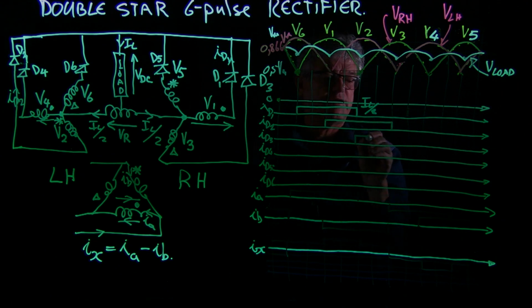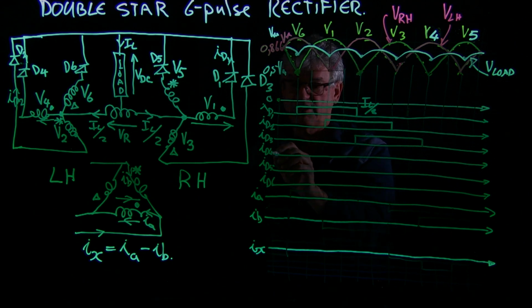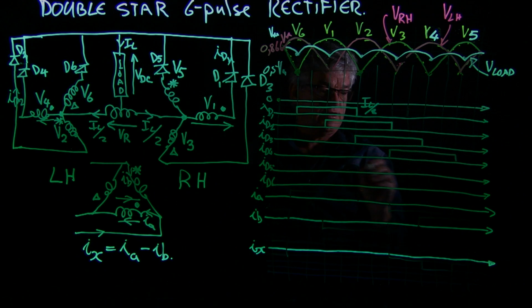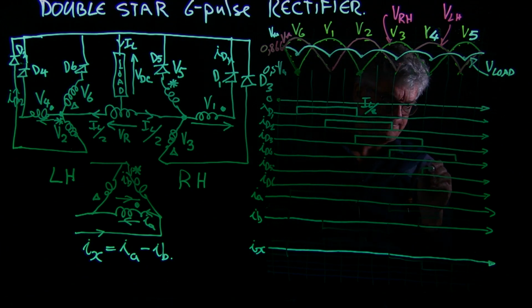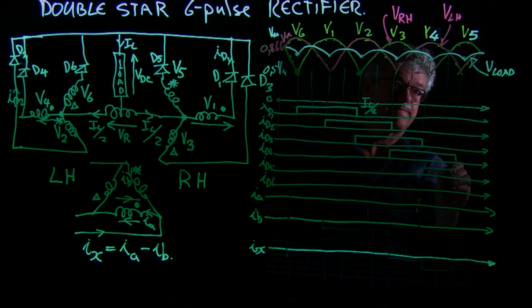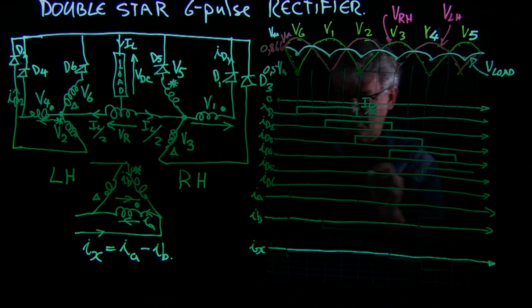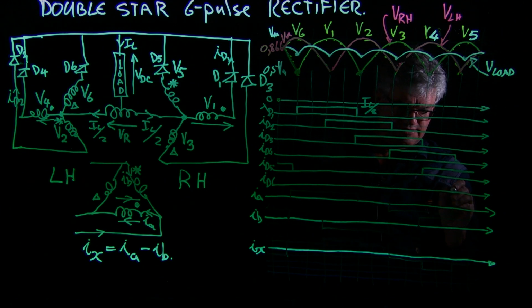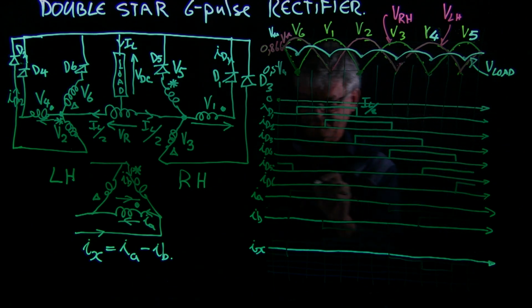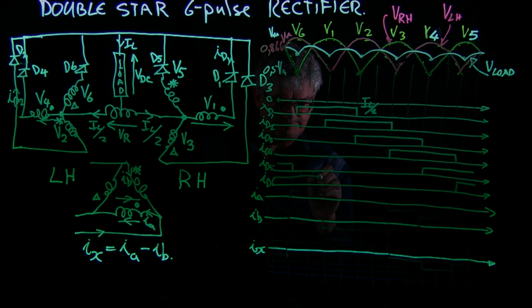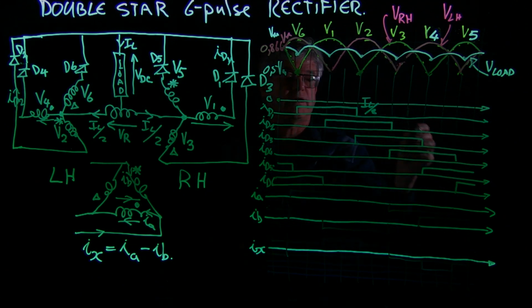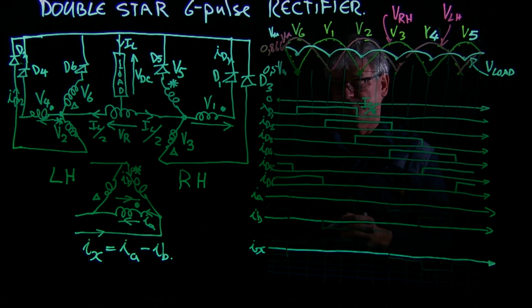And similarly, we have diode D3 current, diode D4's current, diode D5's current, and diode D6's current. And each one of them only having a magnitude of IL over 2.